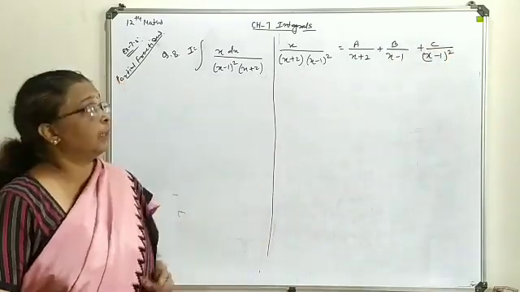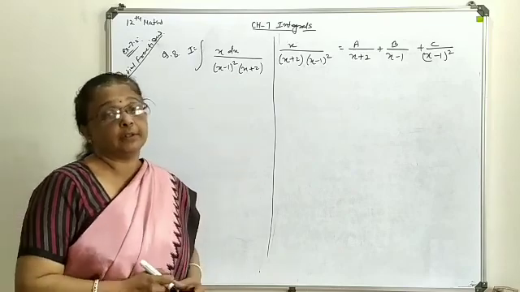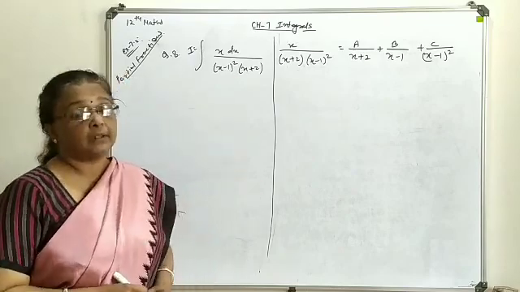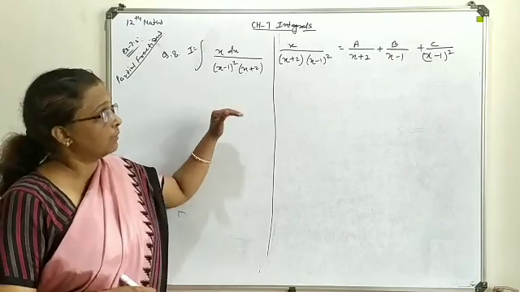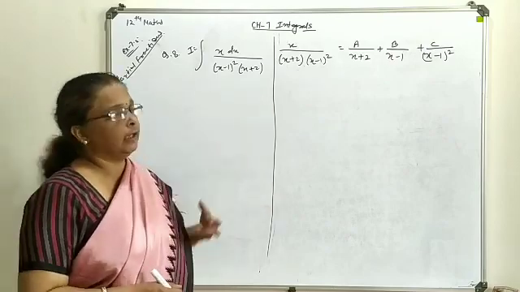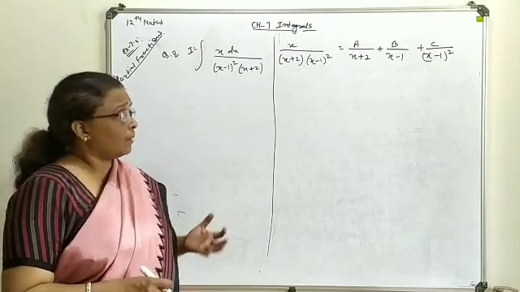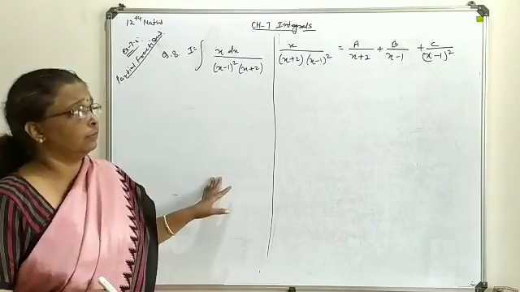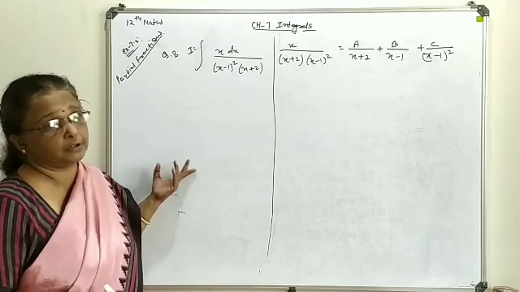If it would be cube, one more will be introduced as D, keeping the power cube. So this way, on increasing the power of your particular term containing the power more than 1, you have to introduce more constants.